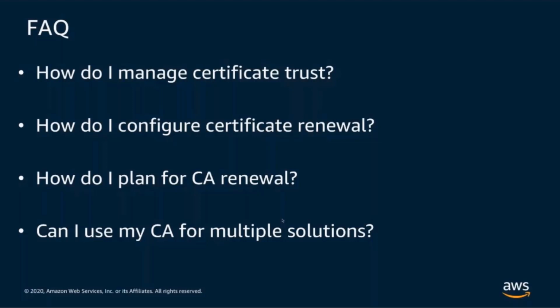AWS Certificate Manager, by automating the certificate renewal process, allows customers to either automatically have the certificate issued and then installed into their AWS services, or for those services not directly integrated with ACM, to receive a CloudWatch event that will notify them that the certificate's been renewed, so they can automate that and push the certificate out to the endpoint.